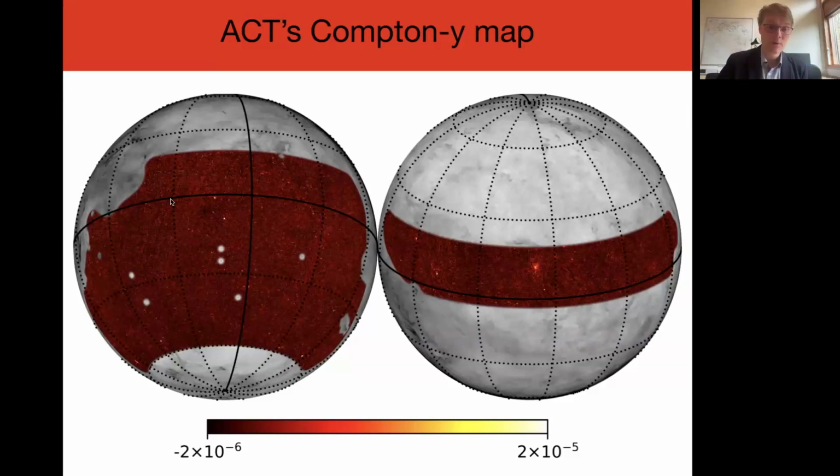So each one of the white yellow dots that you see in this map here and here is actually a galaxy cluster that you can see by eye. So for example, this would be the Virgo galaxy cluster. As you can see, this map covers a very large part of the sky, roughly about a third of the sky.